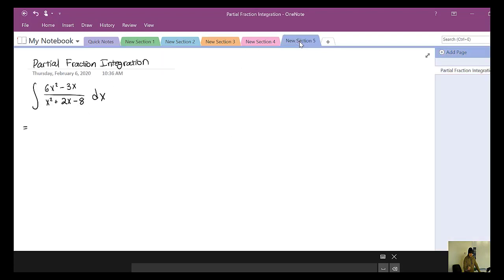No. So what we can do is, if I factor out an x from this fraction, what does the numerator become? 6x minus 3, right? Now, is what I have in here viable for partial fractions? It should be now, because now the numerator's power is lower than the denominator's.